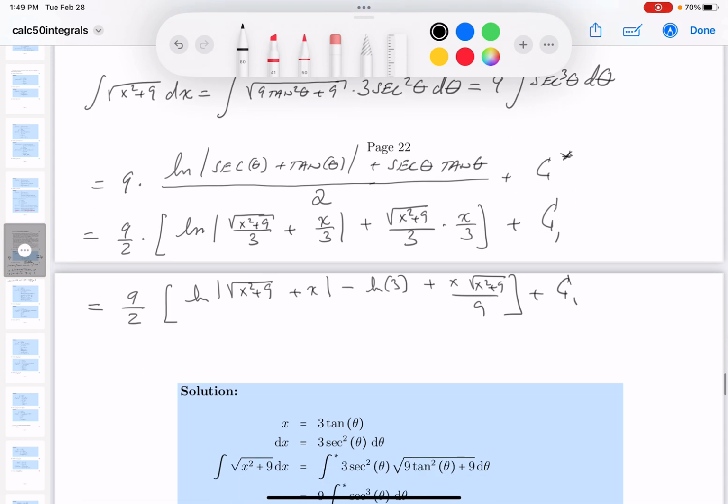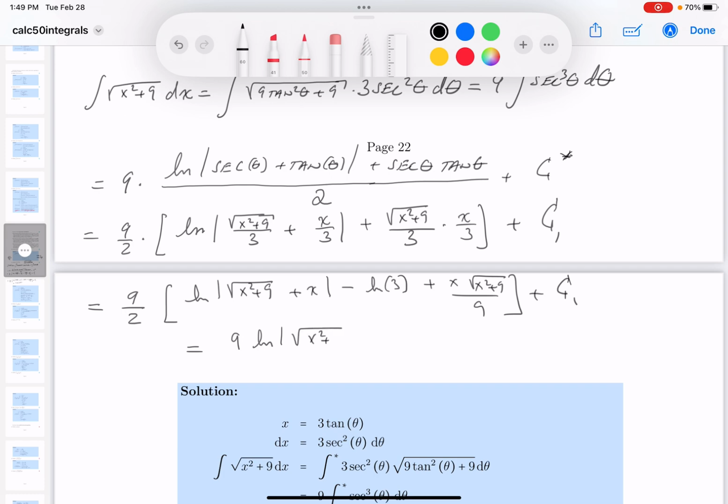And I'm going to try to simplify it. And you're going to get, let's see, 9, the natural log, absolute value, x squared plus 9. Whoops, I just made a mistake there. I'm daydreaming. It's the square root, sorry about that.